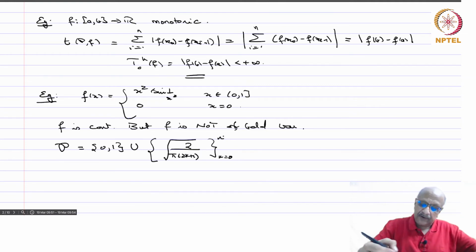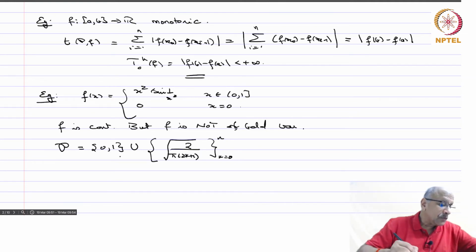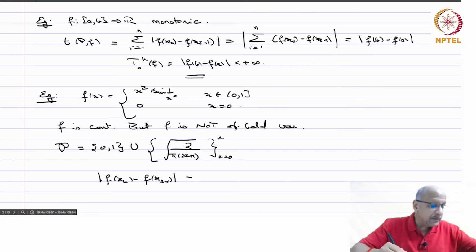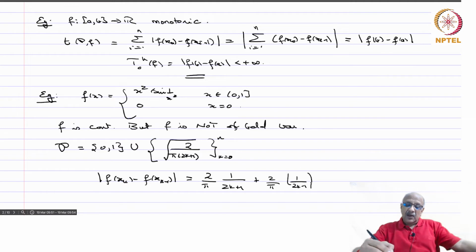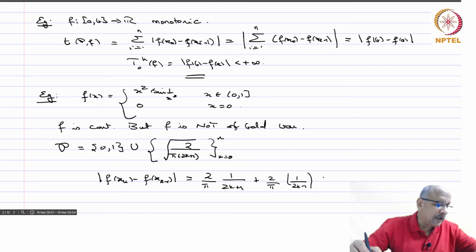So these are all points in [0, 1], so you consider this partition. Now if you take |f(xk) - f(xk-1)|, this will be equal to (2/π)(1/(2k+1)) + (2/π)(1/(2k-1)), because the sine of the reciprocal is an odd multiple of π/2, so it's always 1, so it's only the denominator which contributes.